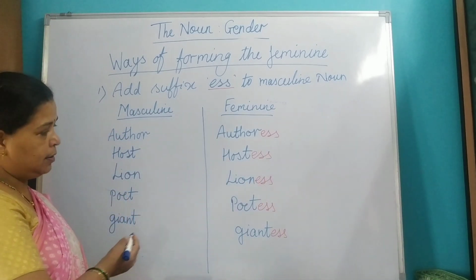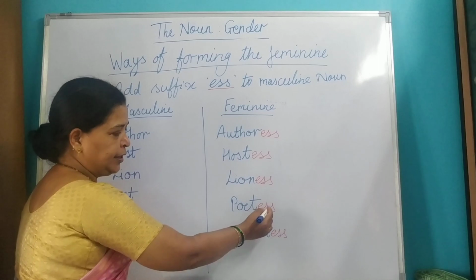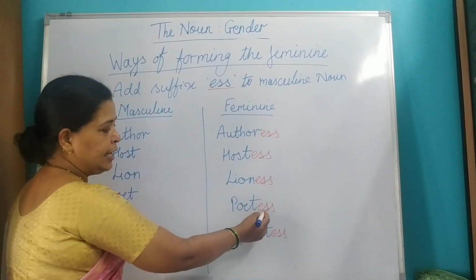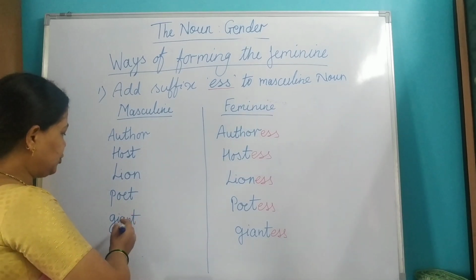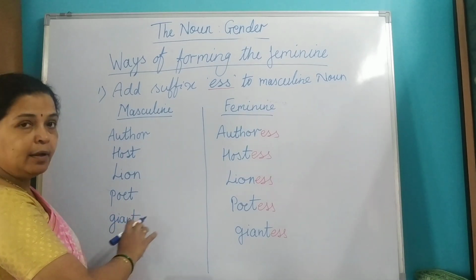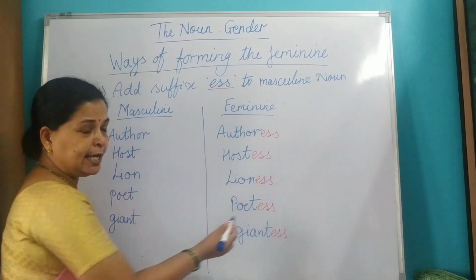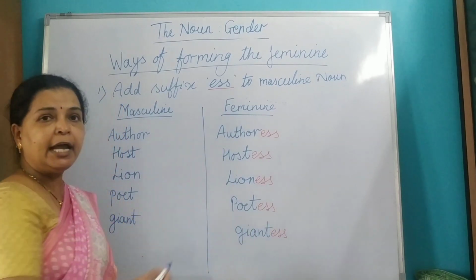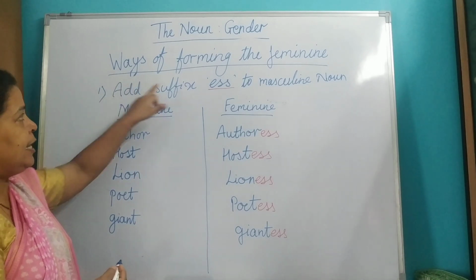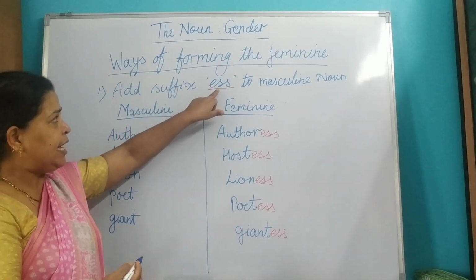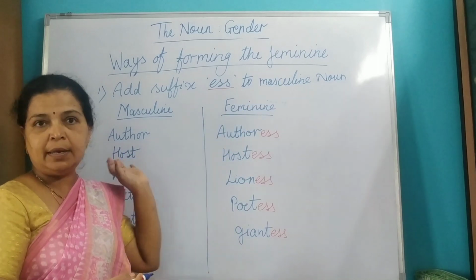Poet, feminine, poetess. We have added ess to poet. Then last one, giant, after adding ess, becomes giantess. So the first way of forming feminine is by simply adding ess to the masculine noun.